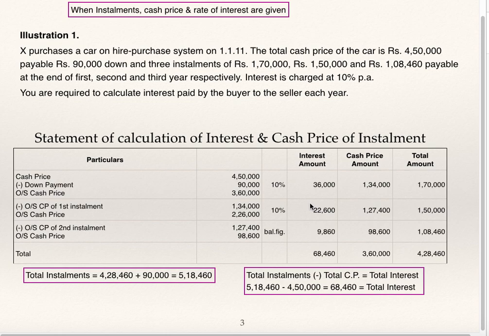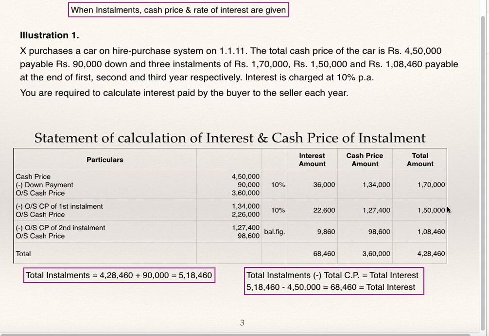Now we'll see how to calculate interest for second installment. 1,34,000 is cash price of first installment. It is to be deducted from outstanding cash price. 3,60,000 minus 1,34,000 is 2,26,000. This is outstanding cash price for calculation of interest of second installment. 10% of that is 22,600.